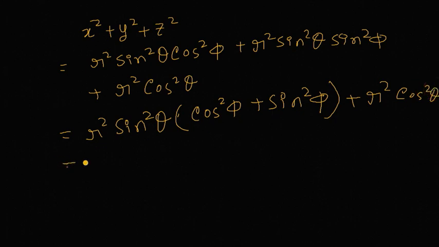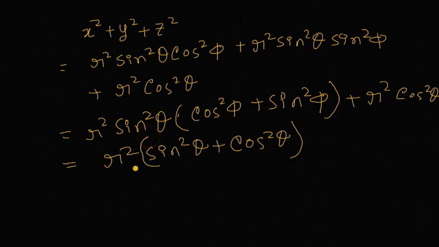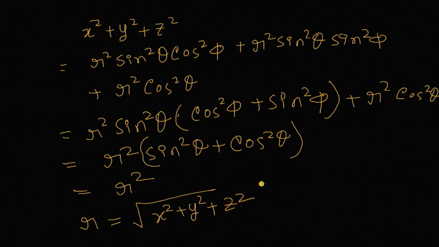Then we get r square times sin square theta plus cos square theta, which is also 1, so we get r square. So we can write r equals root under x square plus y square plus z square.